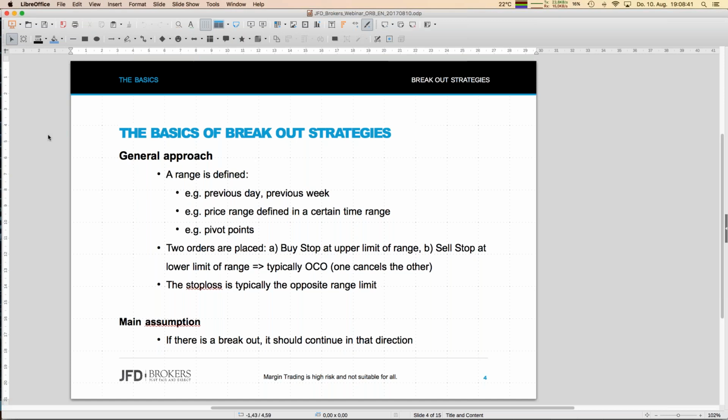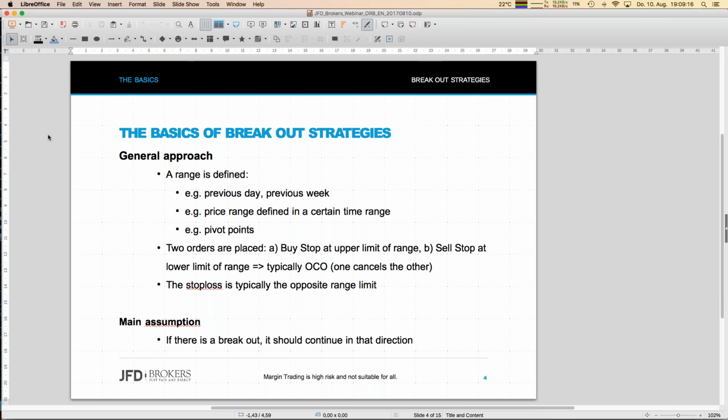And vice versa, of course. So it's a breakout strategy. That means that the main assumption when we go for those kind of strategies is that we have a well-defined range, and if the price now breaks that range, that this breakout will be long-lasting, will be sustainable, will continue in exactly that direction for some time.